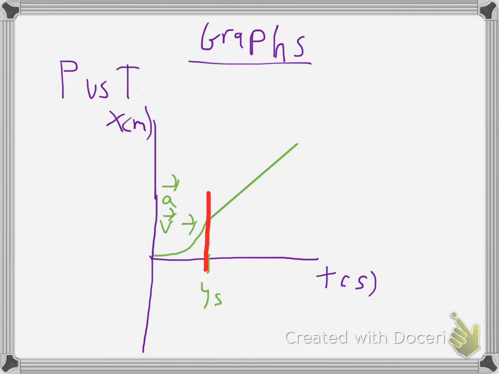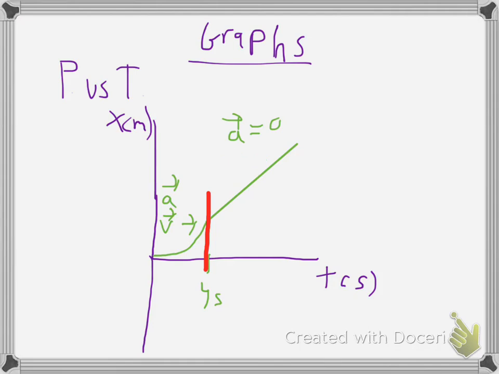And then here, there's no acceleration, and it's still moving to the right. The change happens at 4 seconds. So you should be able to tell the quadratic part from the linear part of the graph.